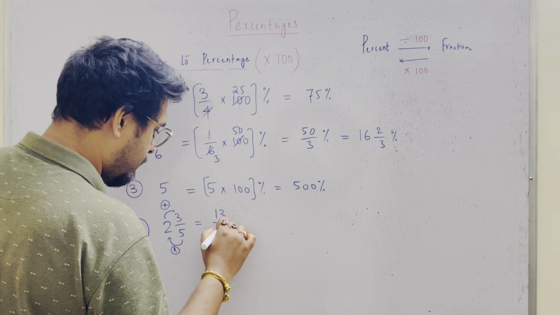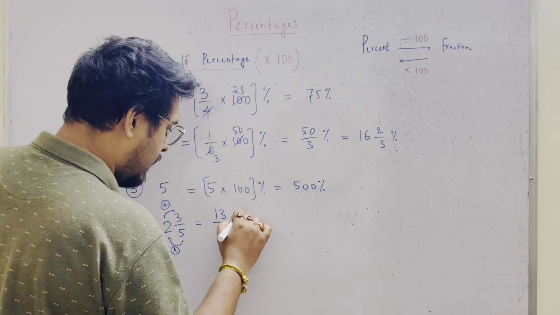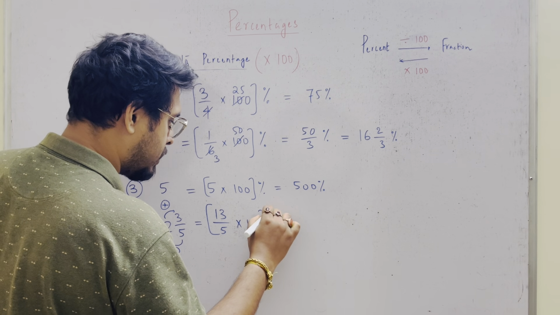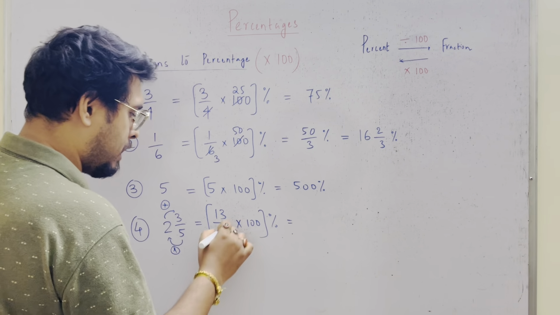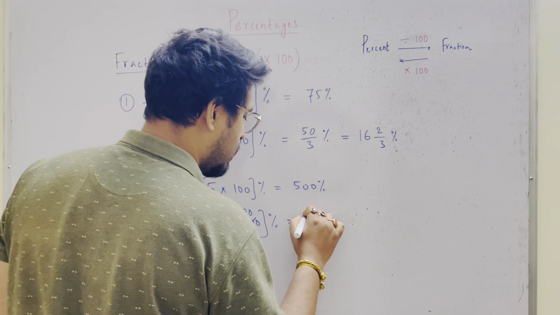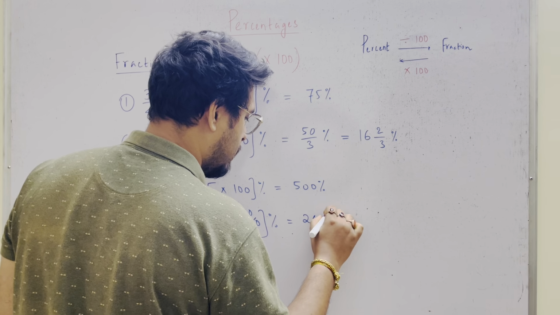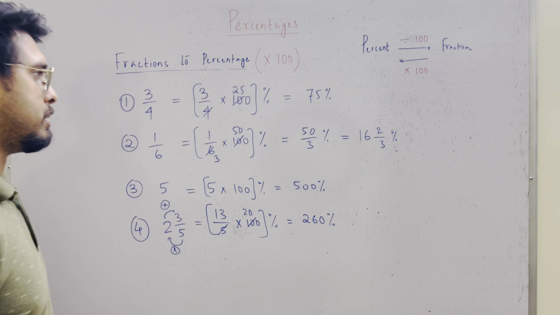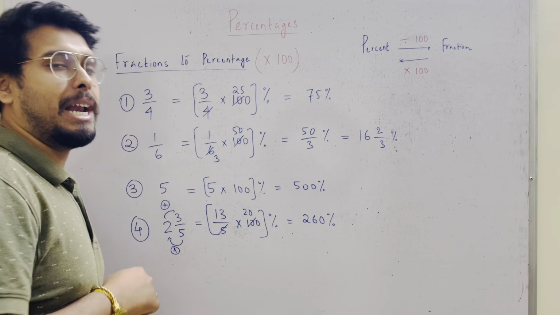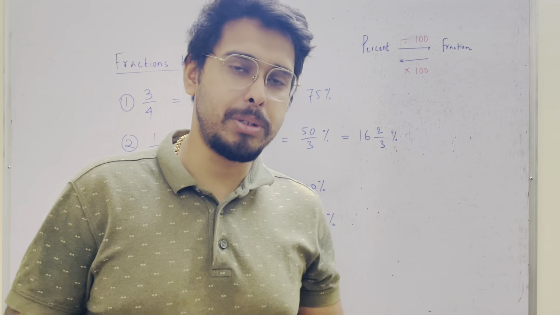So 13/5, and now times 100 to convert it into percentage. It becomes 13 times 20, which is 260%.